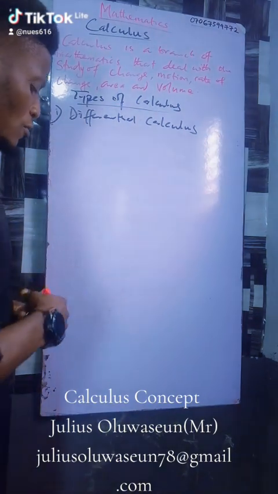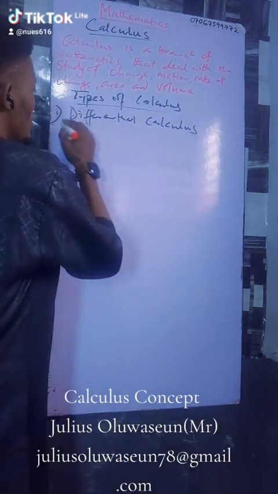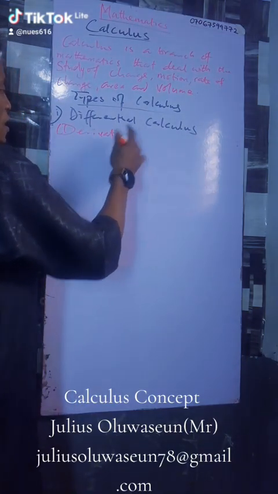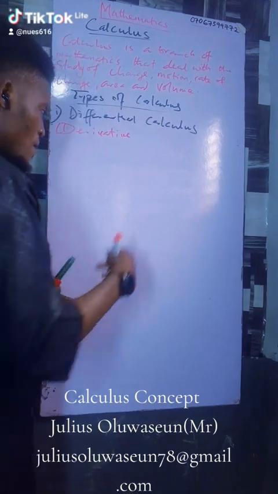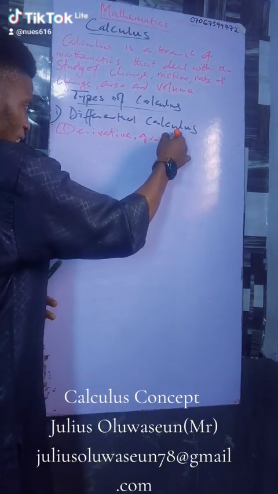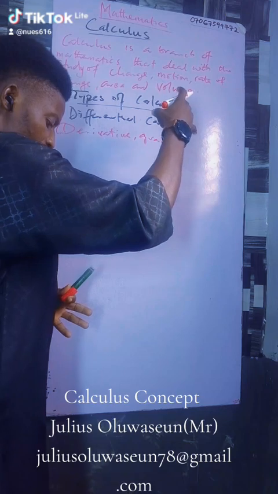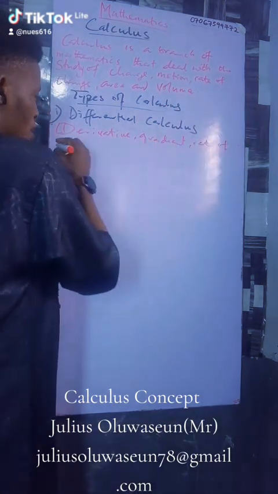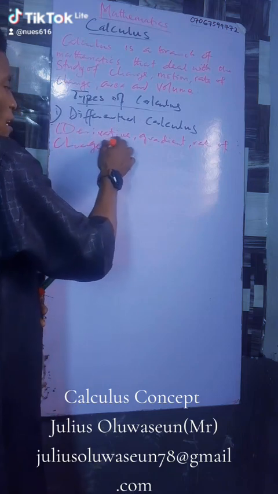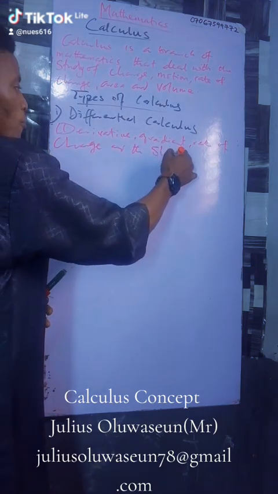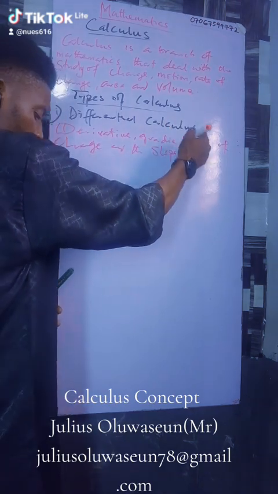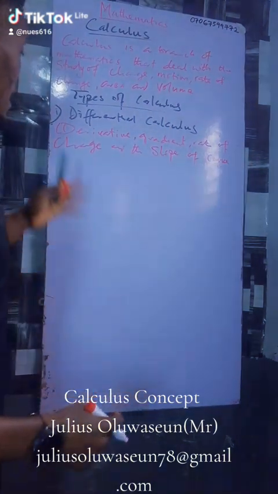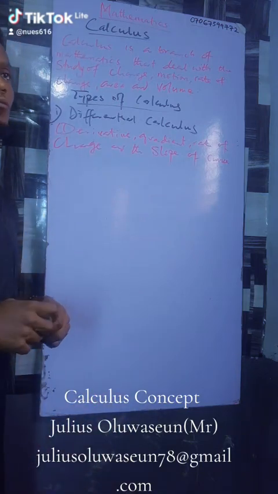Under differential calculus we observe the study of derivatives, or derivation, gradients, and also the rates of change and the slope of a curve. So these are inclusions of differential calculus.